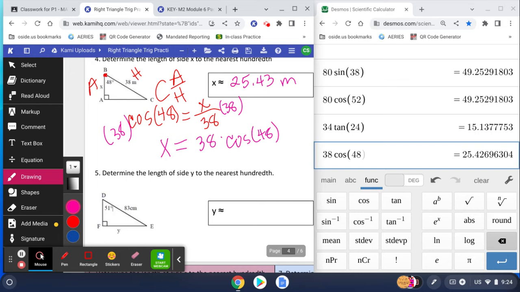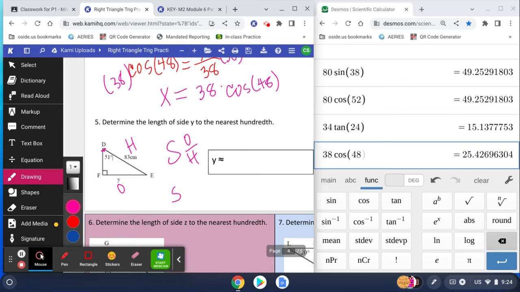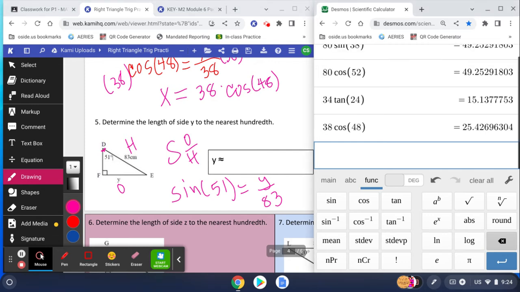I'm now on number 5. I'm standing up here at D at the reference angle. This time they gave us an opposite and a hypotenuse. And so that uses the sine function. So sine of 51 is equal to y over 83. Multiply both sides by 83. And we type in 83 times the sine of 51.